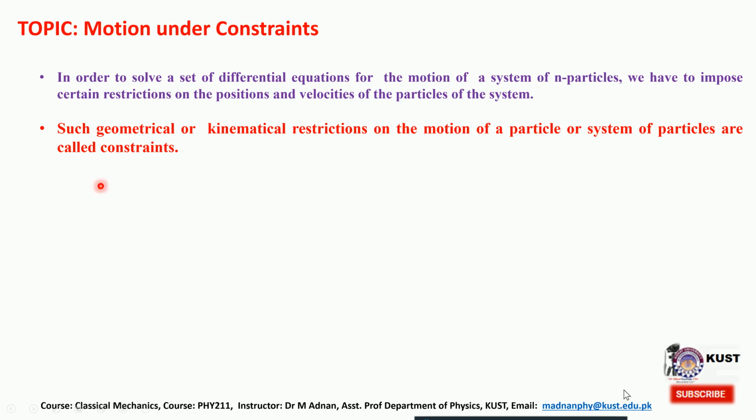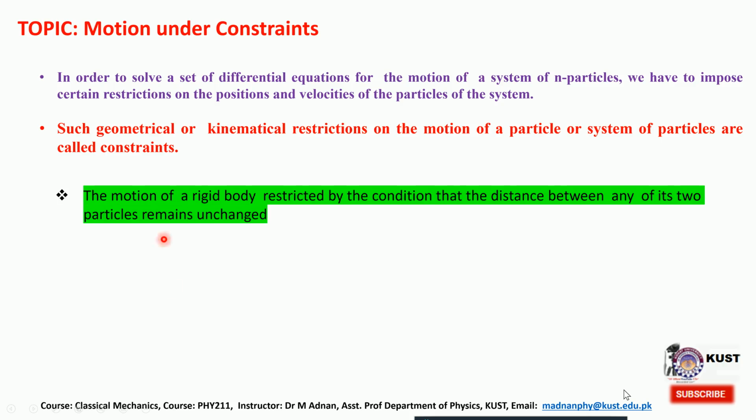Such geometrical or kinematical restrictions on the motion of a particle or system of particles are called constraints. We can have various examples, and we will see the mathematical forms of these constraint equations in this lecture as well. For example, the motion of a rigid body is restricted by the condition that the distance between any two of its particles remains unchanged.